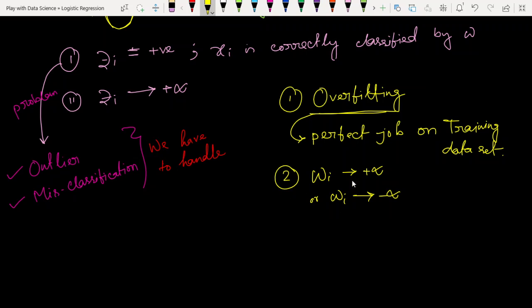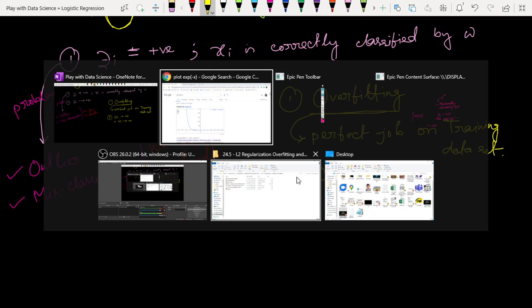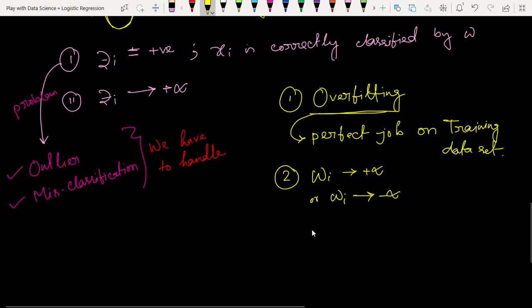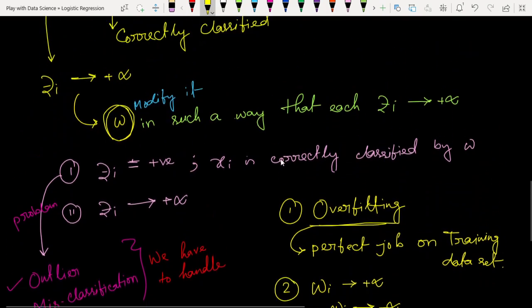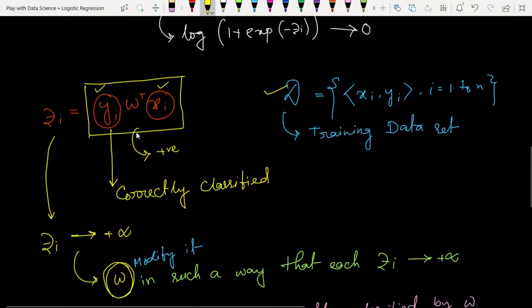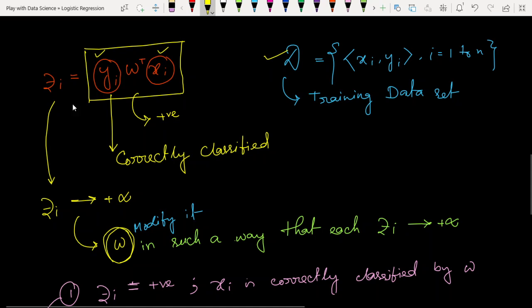If you see the graph, with the exponential, how do we find our minimal value? That is when zi tends to plus infinity. And when zi tends to plus infinity, it is actually going to plus infinity when w transpose x is so. Actually, what is w?